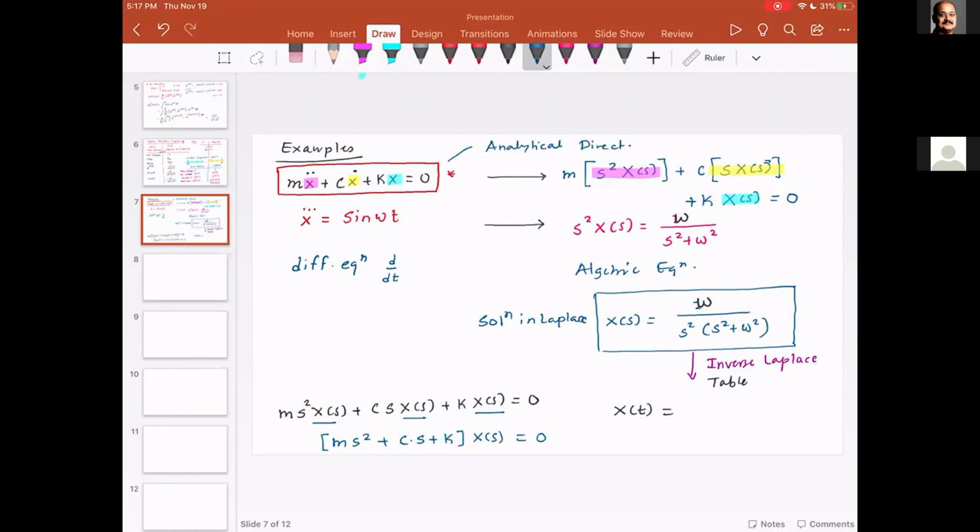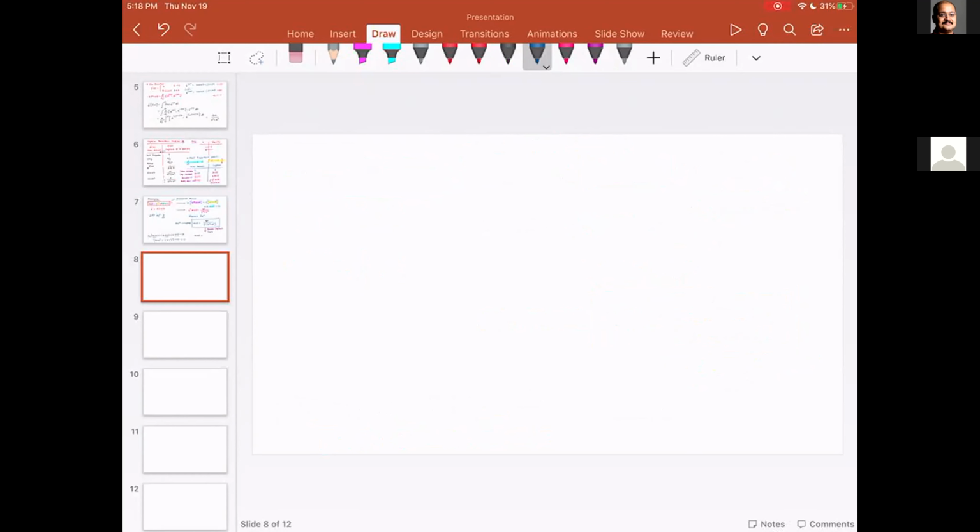And just for completion, if you recollect, in the last class I told you how to write a second order equation into a set of first order equations.